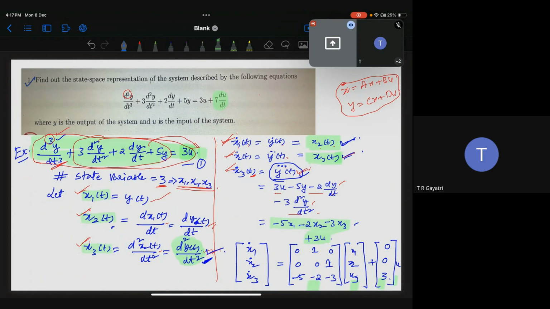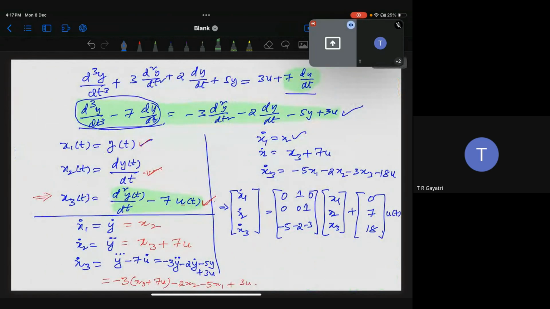If that 7 du by dt is not there, this is the case. When I include it, I include 7u as an extra term, so that if I take the derivative, it becomes 7 du by dt. Is this clear? Yes, sir. So this is the significance of this problem.